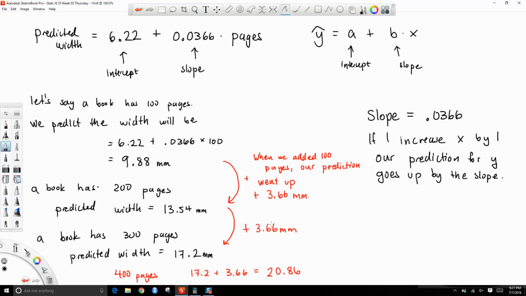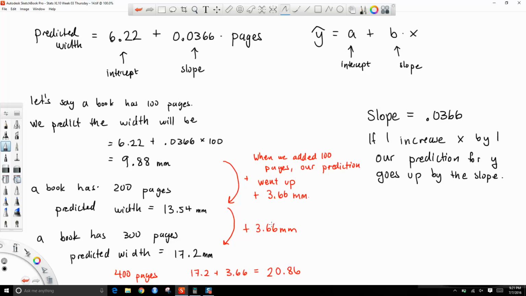So I think Ryan said if we add one page, our prediction for the width goes up 0.0366 millimeters, which is a very small quantity, but that's kind of the idea. If you add one page, how much does the width of the book change? It's going to change by a very tiny amount.